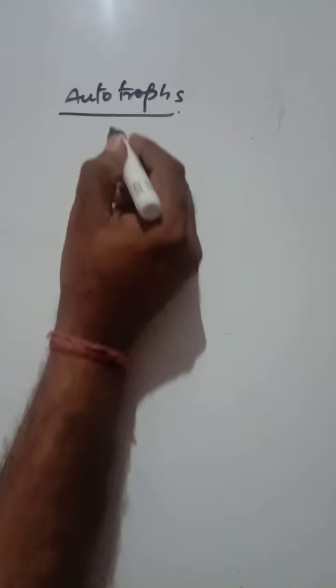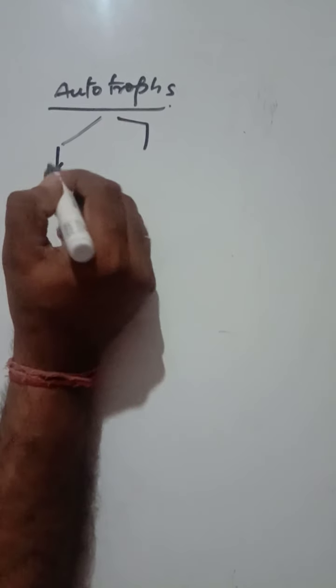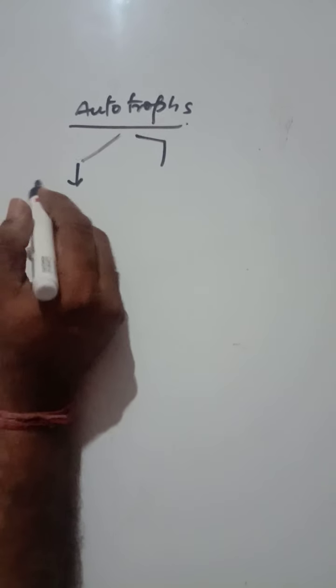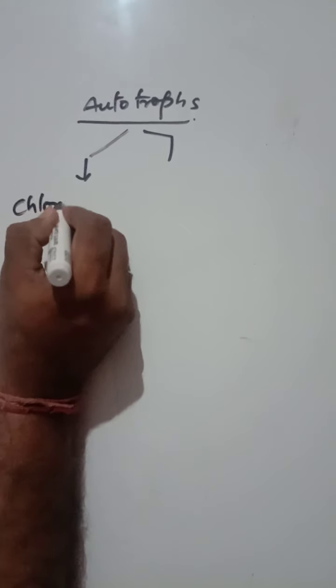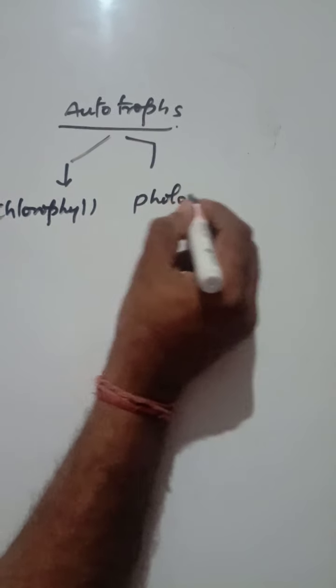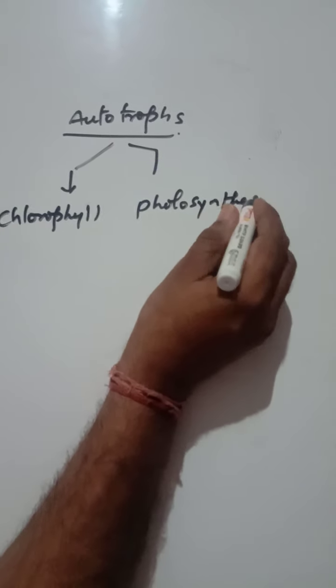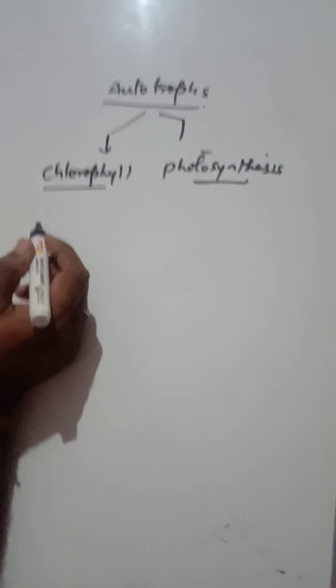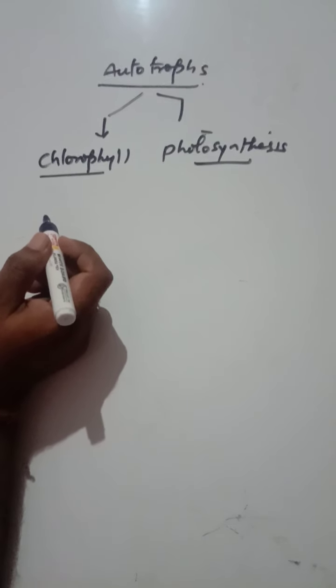Two things in autotrophs we have to keep in mind, must know, must understand. One is the chlorophyll, the other is the photosynthesis. So in both cases we should have the knowledge of what is chlorophyll and what is photosynthesis.